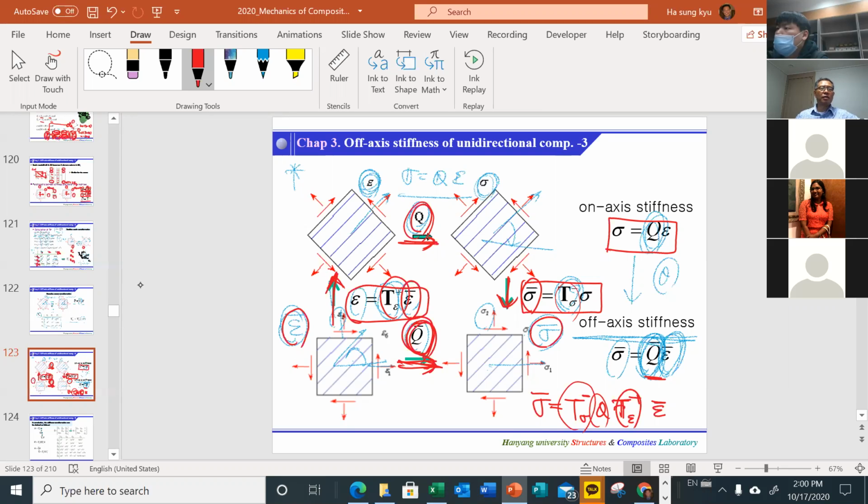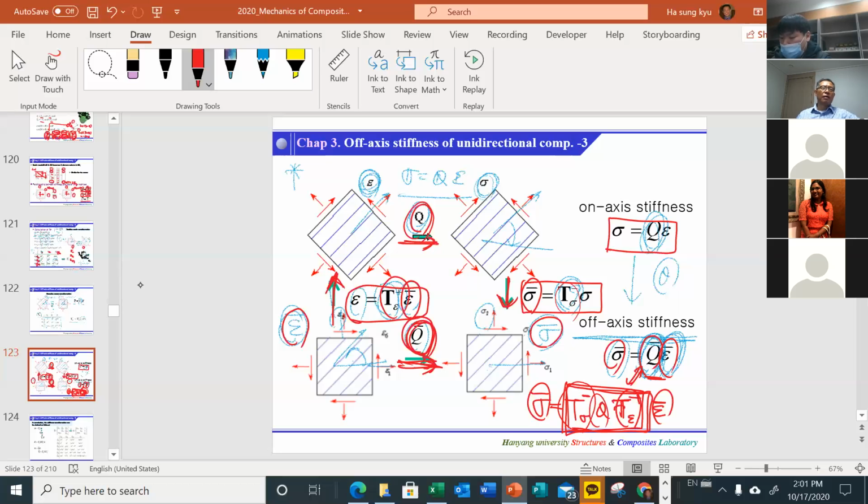Now we have this equation. What can this term be? This term, by definition, is the same as Q bar, right? This is sigma bar over epsilon bar, and Q bar is now given like that.